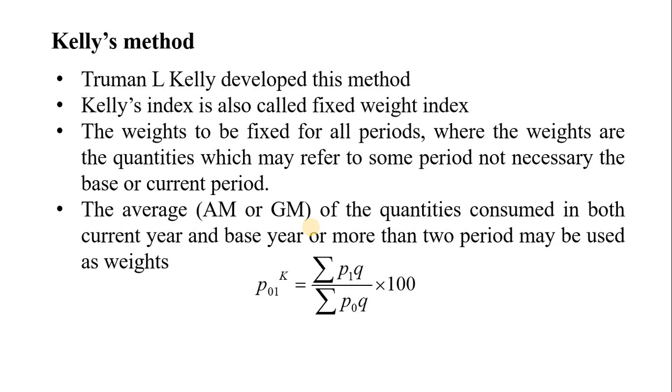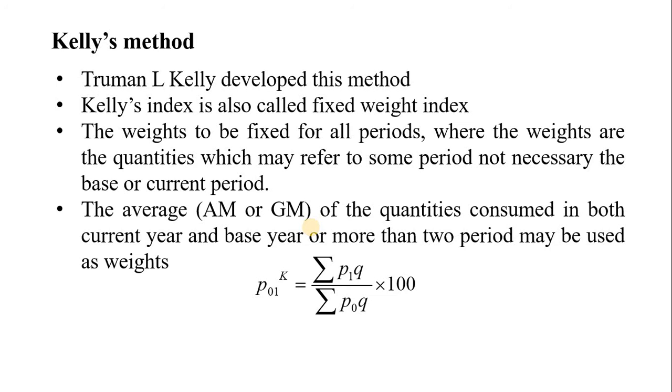Laspeyres considered Q0 as the weight, whereas Paasche considered Q1 as the weight. Then Dorbish and Bowley considered the arithmetic mean of Q0 and Q1 as the weight.